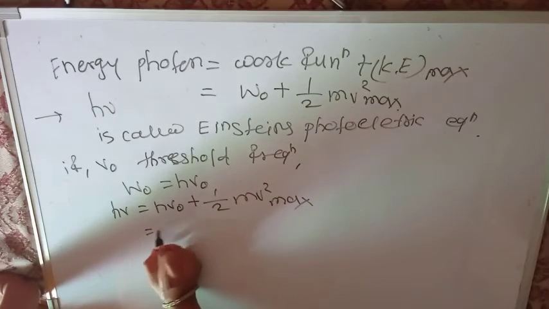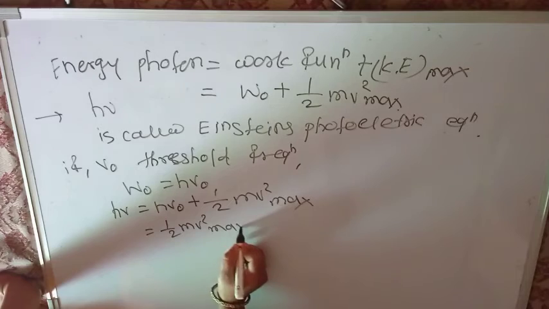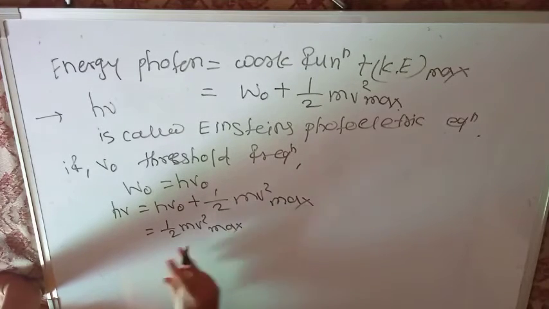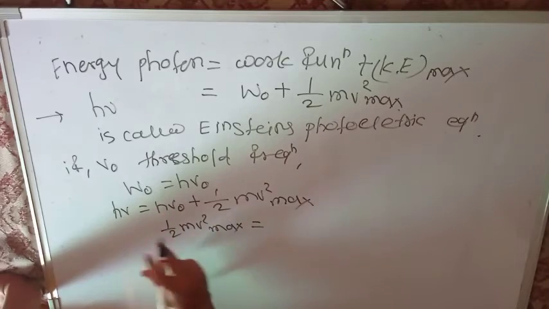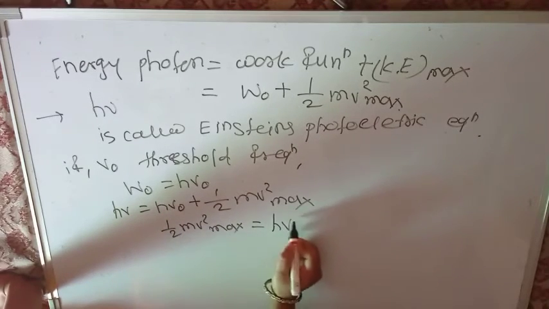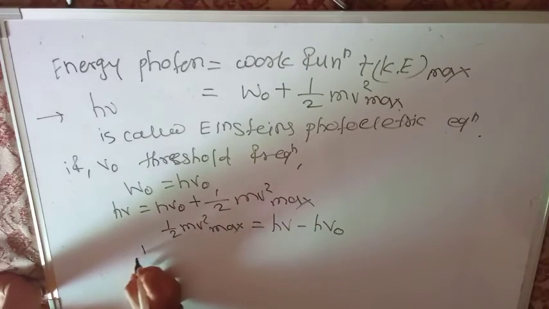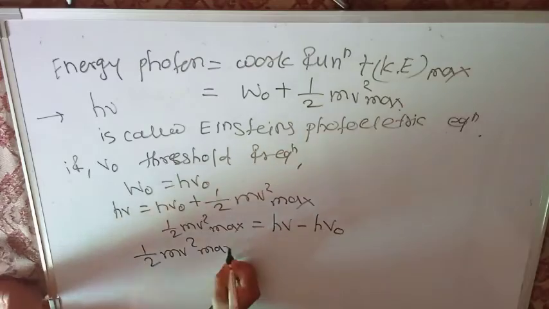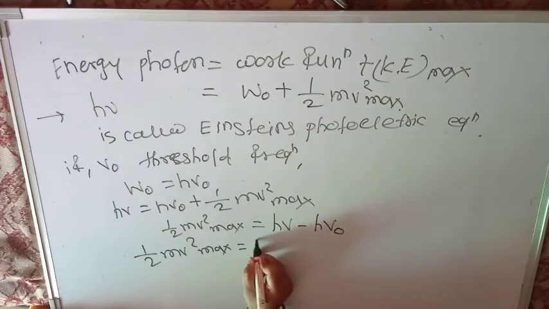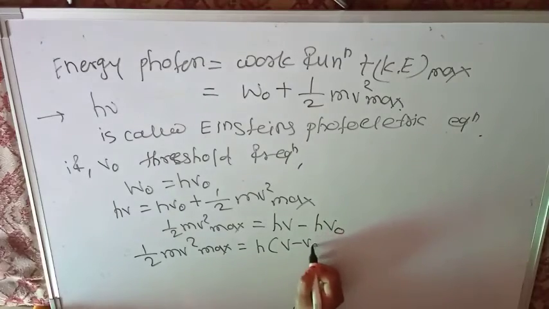Now half mv square max is equal to hν minus hν0. Modifying this equation, half mv square max is equal to h, which is common, times the remaining part, ν minus ν0 in brackets.